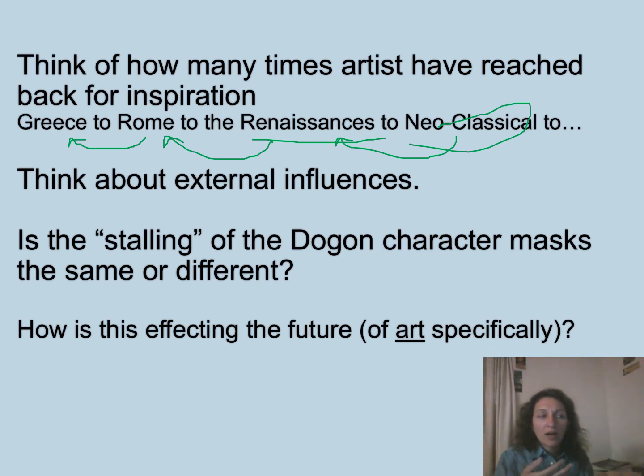So how is that affecting the art of the future, the art specifically? Because I could say to you guys, you're all at a point in your lives where you're choosing what you want to do for the rest of your life.